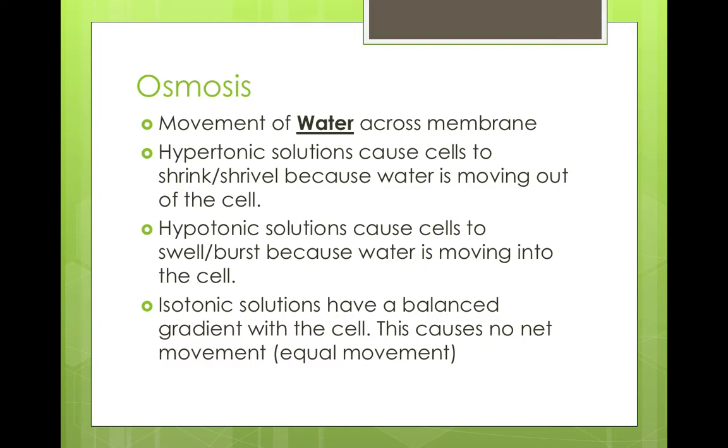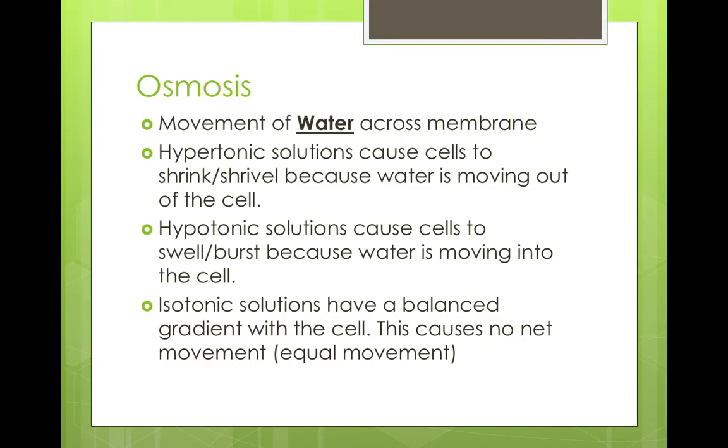What we're going to be looking at here is a cell or an osmotic bag or some type of tubing that has a selectively permeable membrane, so basically like a cell membrane, and we're going to be putting it in different types of solutions.